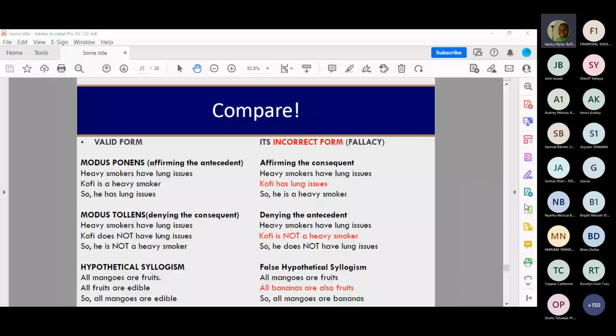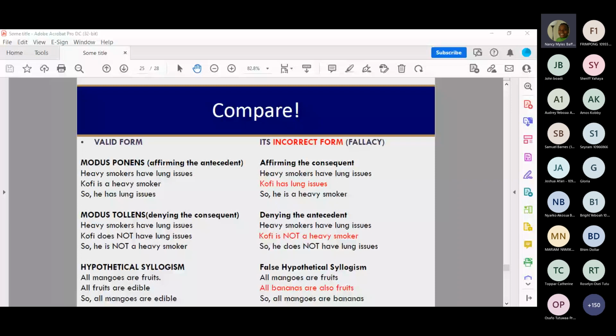So if I said, if you do not study, then you will not pass, for modus ponens the next premise should say, Kofi did not study. Therefore, Kofi did not pass. I didn't change anything. I was given it as my raw material. So I affirm the antecedent how?